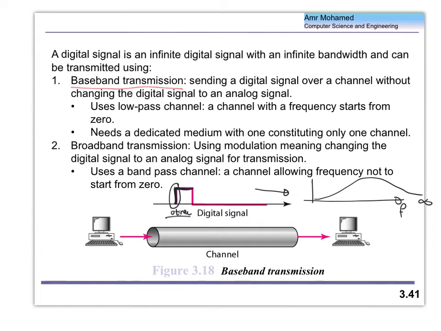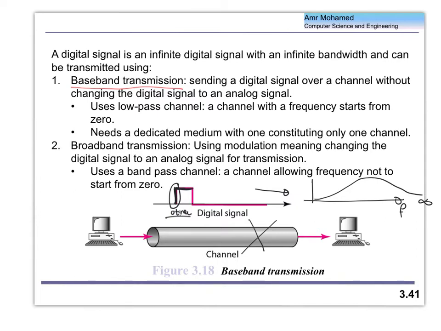So this is very challenging. Why? Because in practice we don't have a transmission medium that can support infinite frequency components. Even fiber optics. We do not have any transmission medium on Earth that has infinite frequency support.